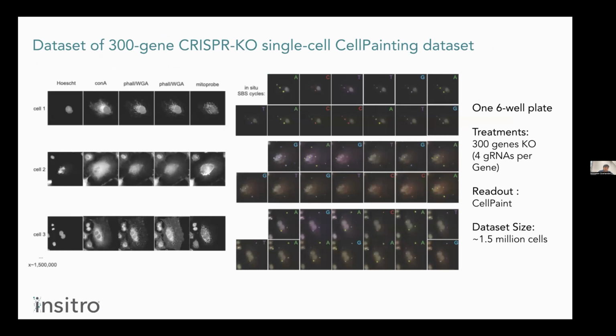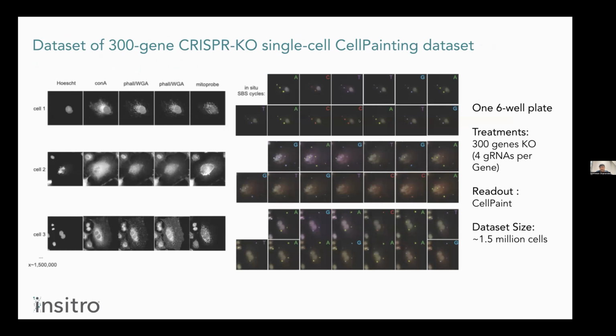So the next step that I'm going to present is the data from a 300 gene CRISPR knockout single cell painting dataset, which I'll be using going forward for learning representations. So let's look at this dataset. This screen had cell paint images, which are the images on the left, where we have different organelles that are stained.